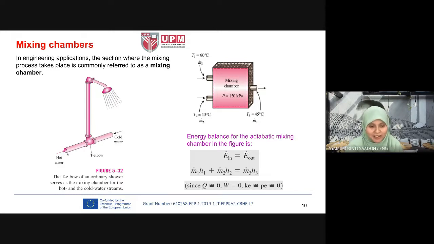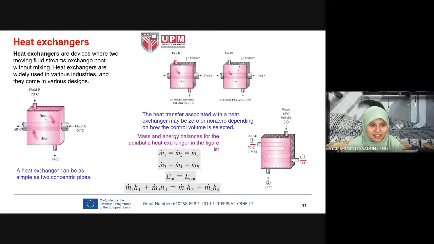Okay, normally they are the same substance, water and water normally, walaupun tak wajib. Okay, water, so they mix around. But for a heat exchanger, they exchange heat without mixing.